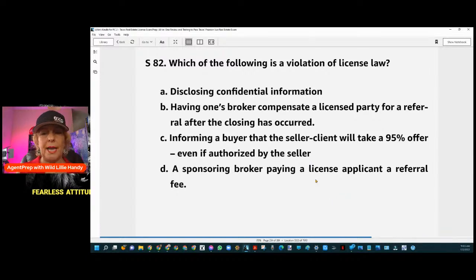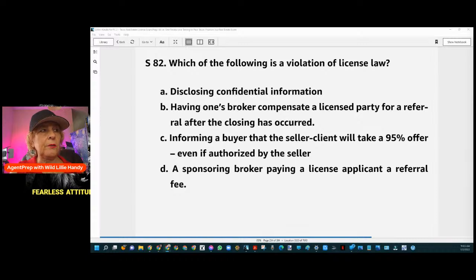Which one is a violation of license law? Okay, we may think that it is A.